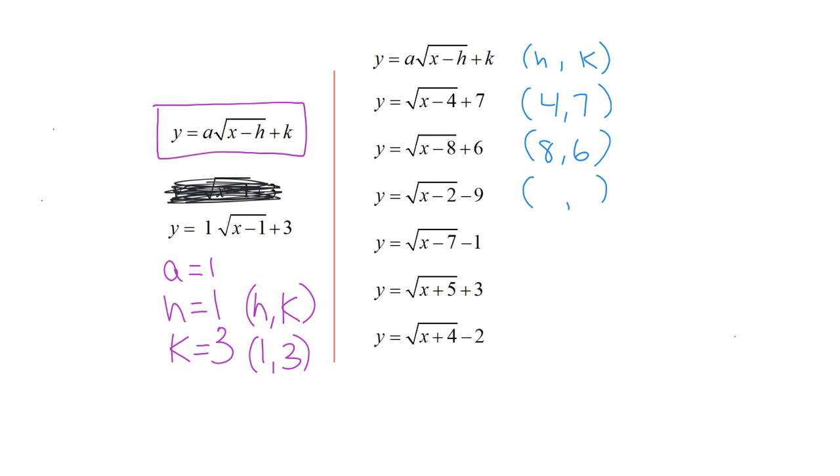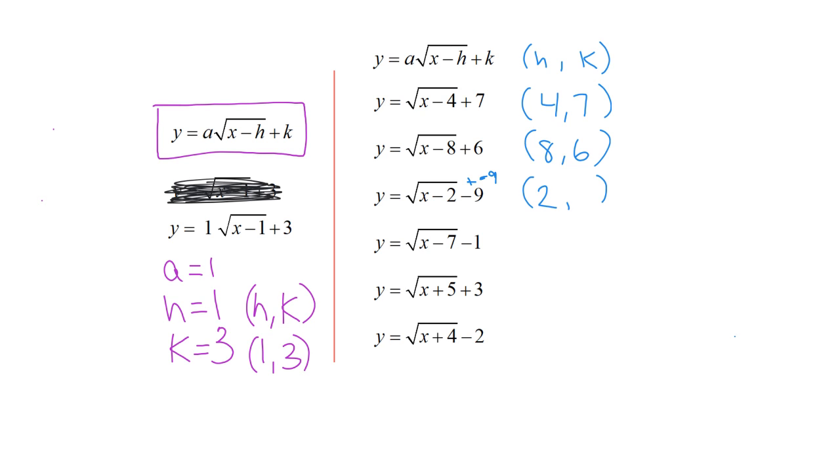So this time, we still have in the root, x minus a number. So x minus a number, that number is h, so 2. But this time, out here is minus 9. Minus 9 means that our k value is negative 9, because if it's supposed to be plus k, and now it's minus 9, that's another way of saying plus a negative 9, right?